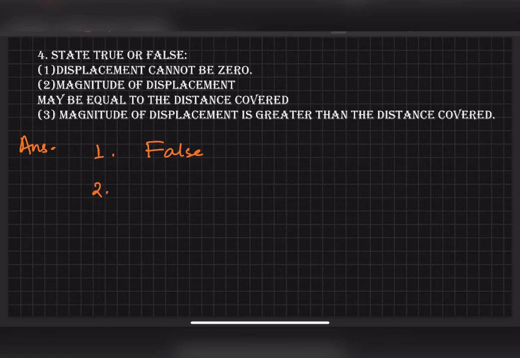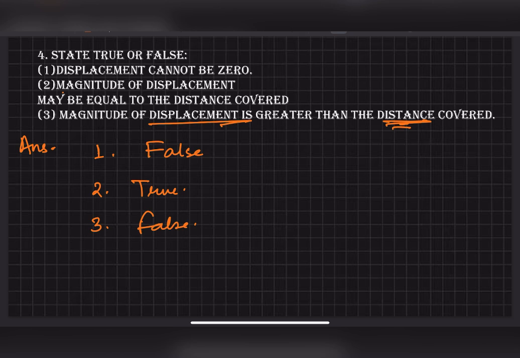Yes, true. They will be equal if the object travels in a straight line. 3. Magnitude of displacement is greater than the distance covered. Displacement can never be greater than distance. It can be equal to distance or less than distance. So 3 is false.